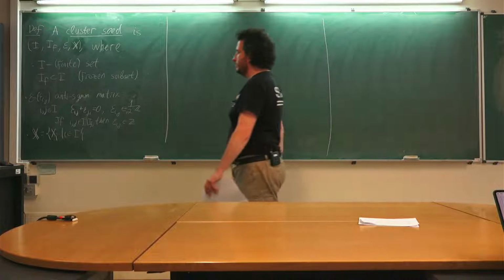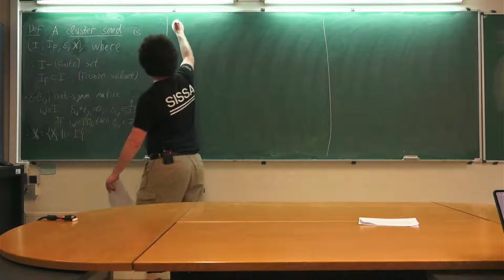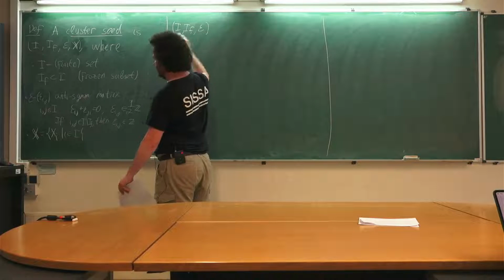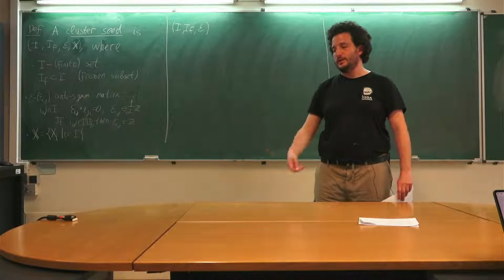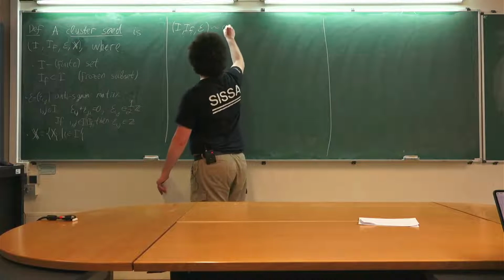So, a bunch of data. Among this data, we can see that the first part is a set and subset, and then a matrix with integer or half-integer values, which is some sort of discrete data, or if you want, combinatorial data.